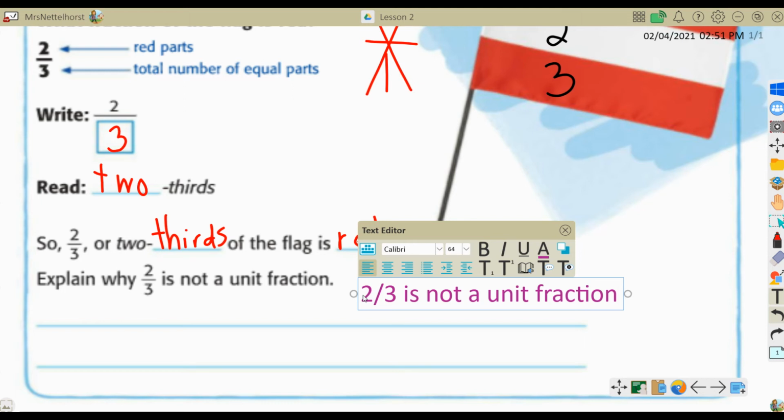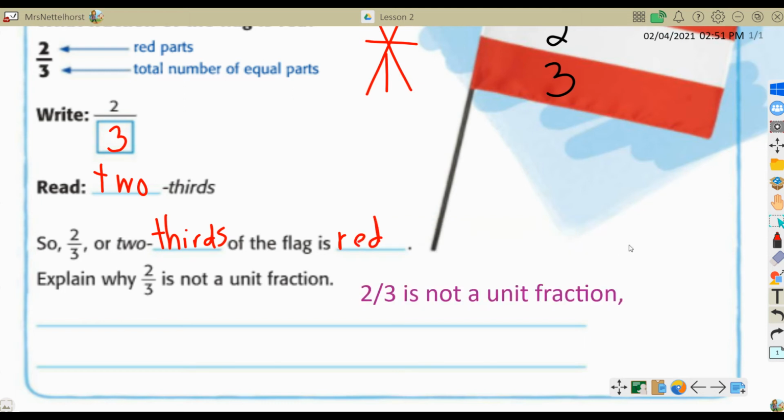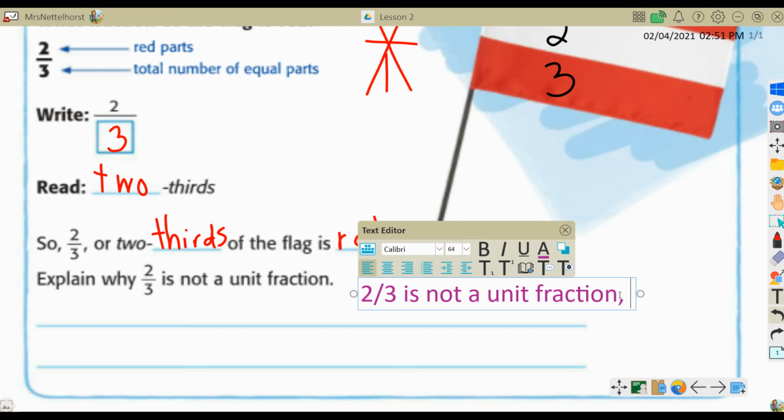So since we're explaining and the word why is there, we're going to say comma because. Oops, what happened? Because I hit something wrong. Okay.